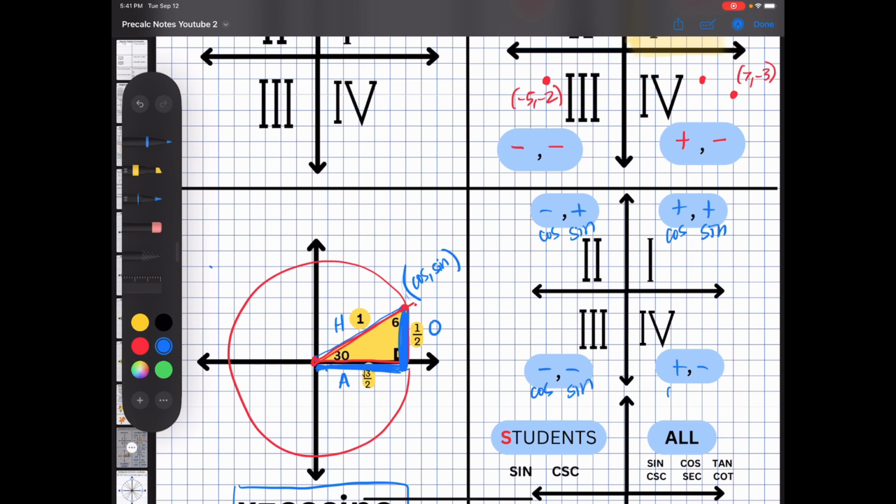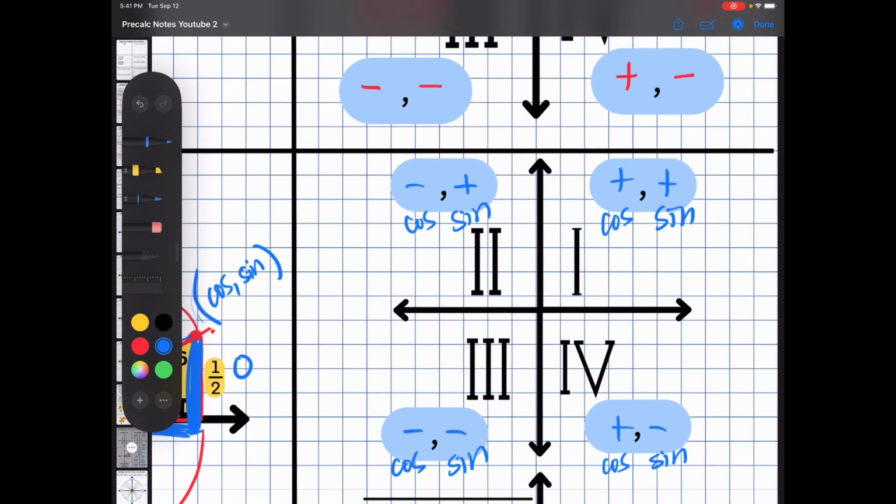Now, using this information, I'm able to determine which trig functions are going to be positive. In the first quadrant, let's zoom into the first quadrant here. Sine is positive, cosine is positive. Now, this also means that their reciprocals, secant and cosecant, are going to be positive as well.